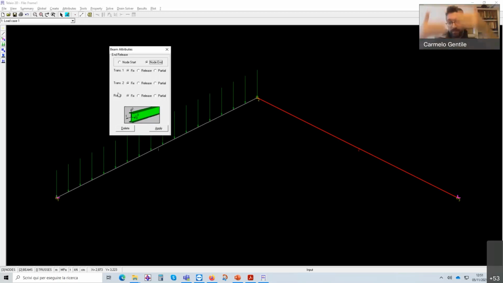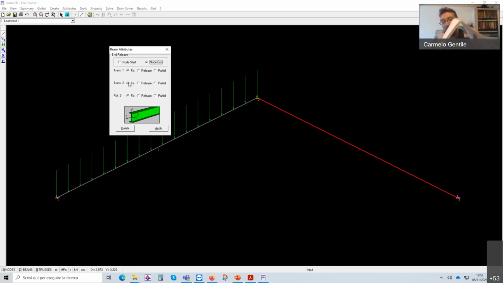Are we allowing transversal displacement? No, because it is a hinge, and the hinge says that the same displacement I have on one side has to be equal to the displacement I have on the other side. It's like a book, okay?